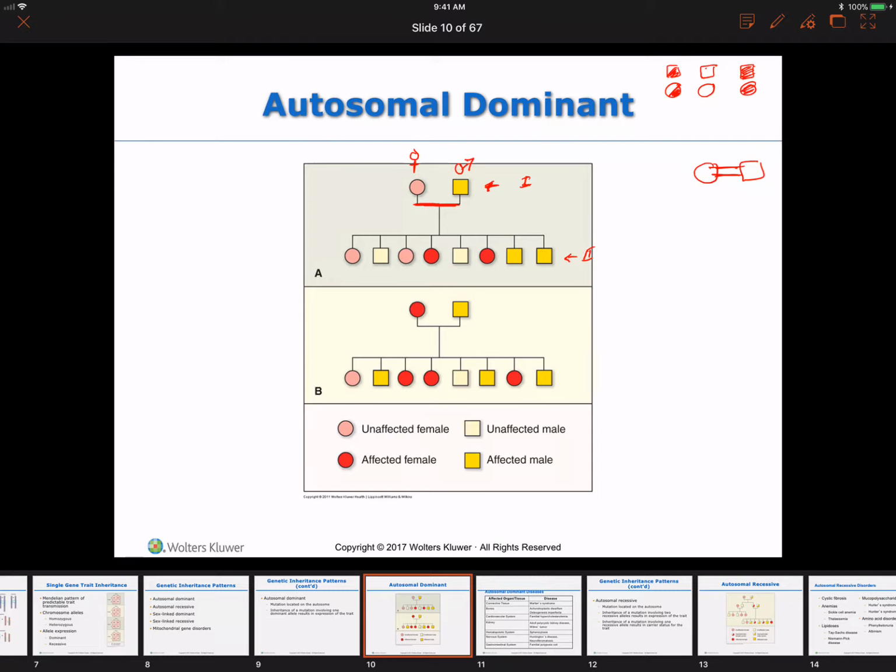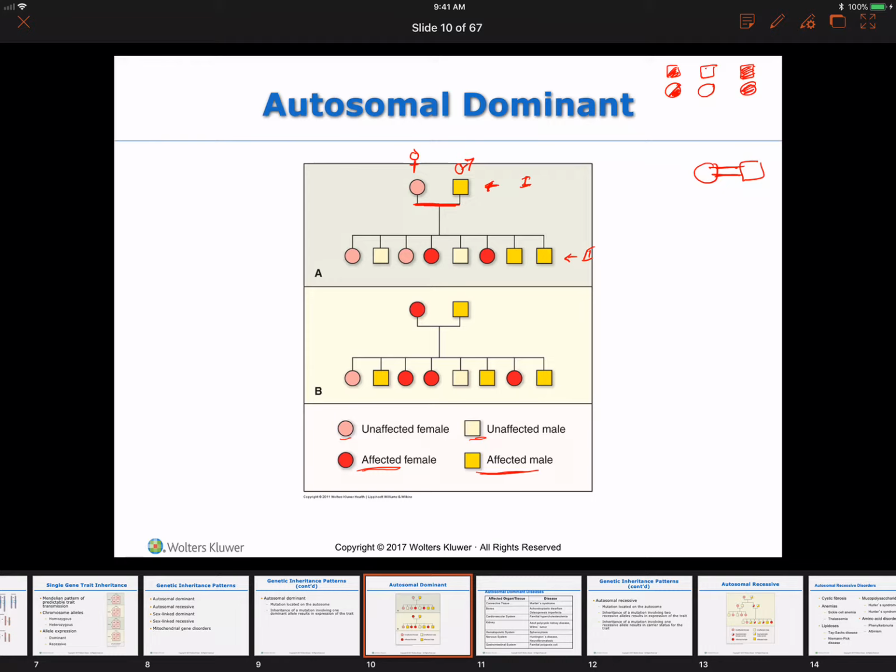So what you're seeing here, the affected male and the affected female are depicted in the vibrant yellow and vibrant red, or dark red, dark yellow if you wish. The unaffected will be the light yellow and the light red.